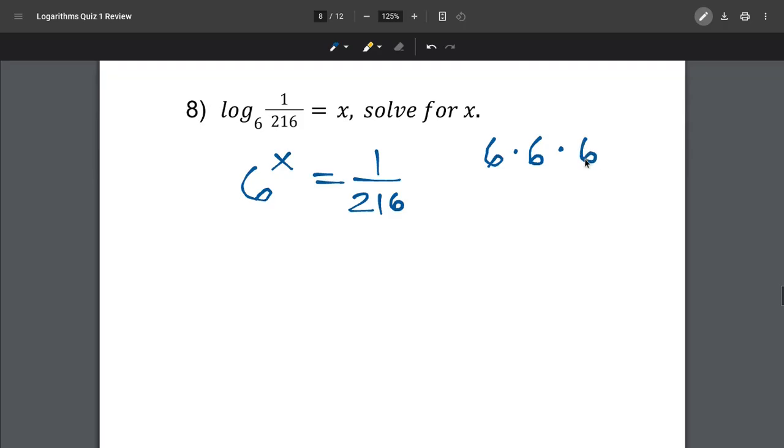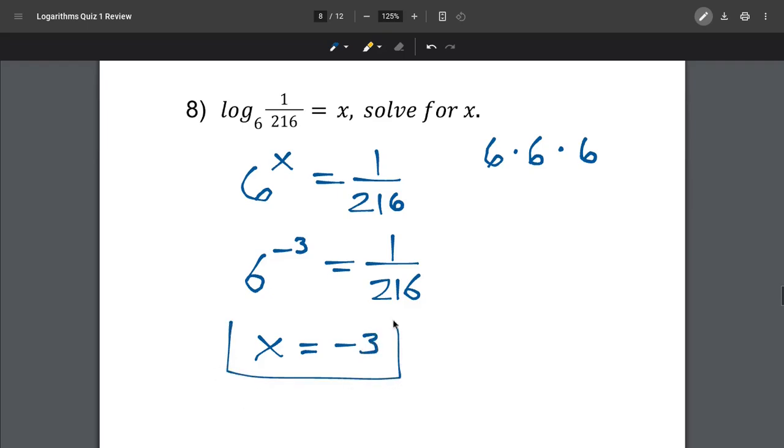Times 6 again, that's 216. So 3 6's. But again, this is 1 over 216, so we're going to use the negative exponent. So 6 to the negative third power equals 1 over 216. So x equals negative 3. And that's our solution for that one.